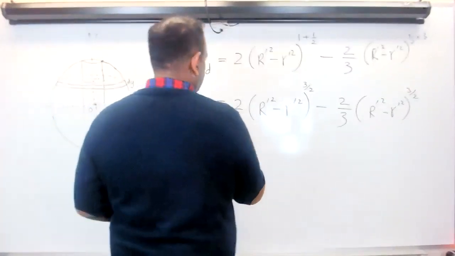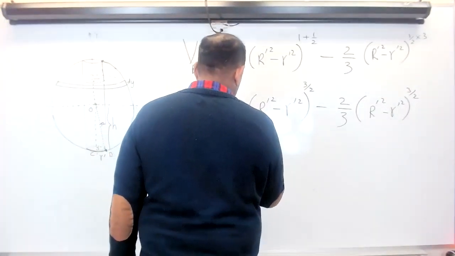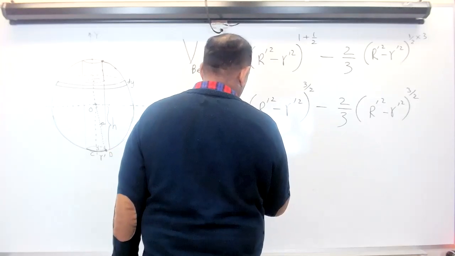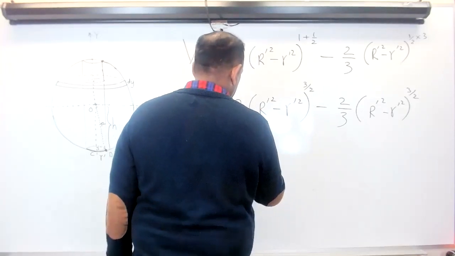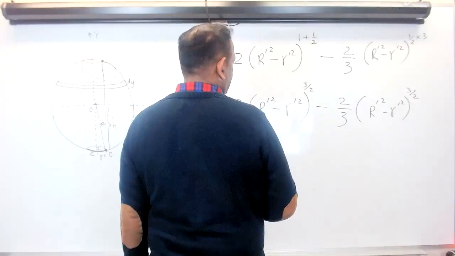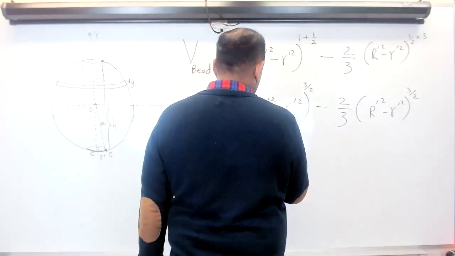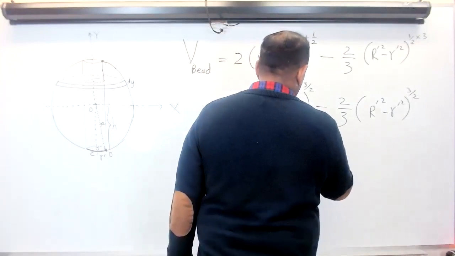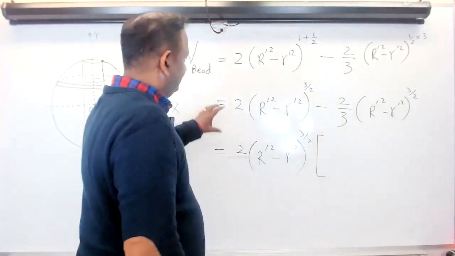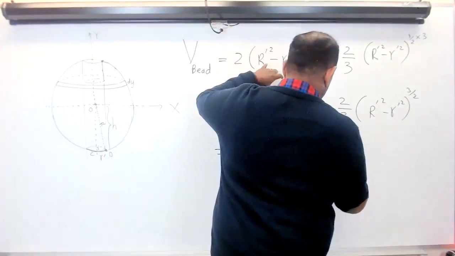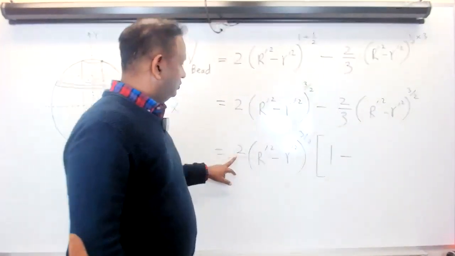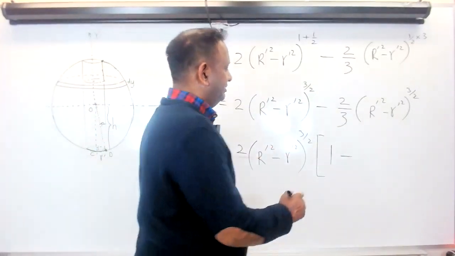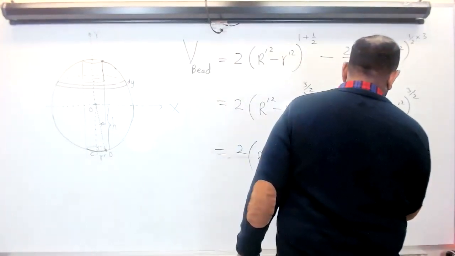I can pull the common term out. I can pull 2, r prime squared minus r prime squared 3/2. Let's see what's the leftover. Leftover is 1. When you pull out 2 and this part from that one, you're left over with the 1, 1/3.